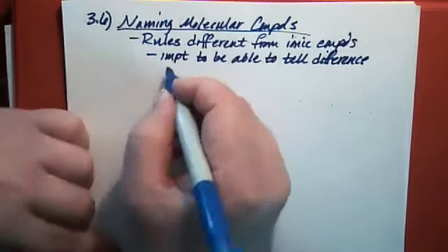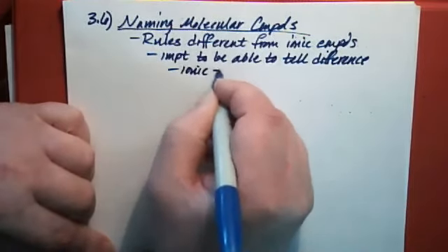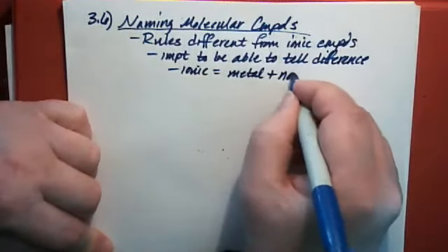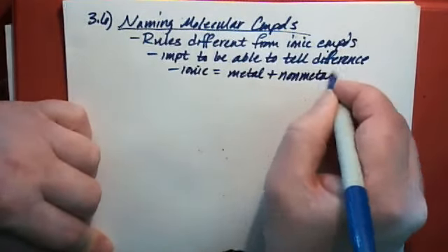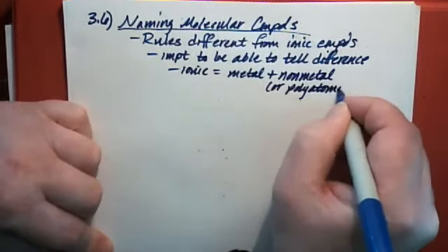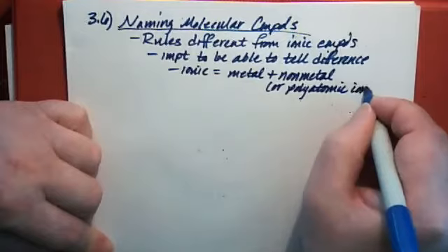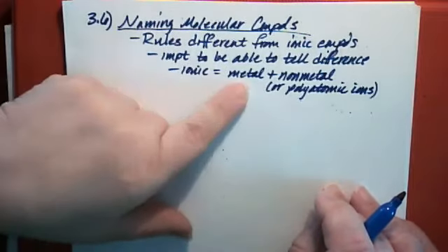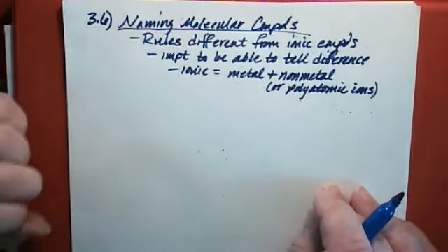So once again, remember ionic compounds would be a combination of metal and non-metal. Or polyatomic ions. So any ionic compound that involves the ammonium ion, for instance, would not have any metals in it. But basically, it's going to involve a metal or the ammonium ion and one or more nonmetals.